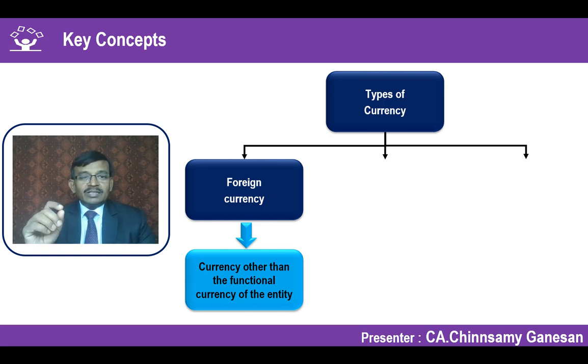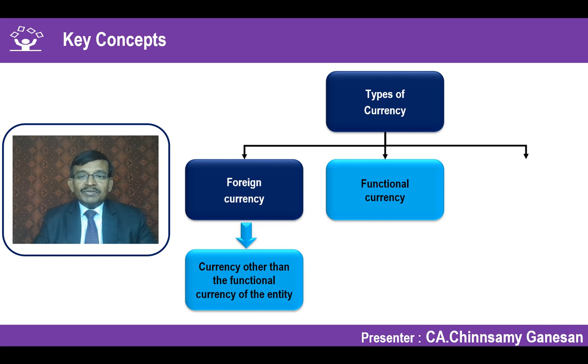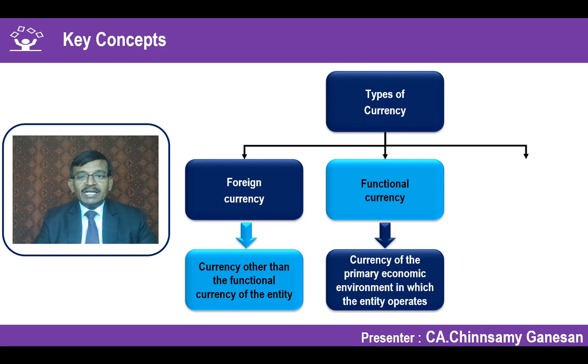We will see in detail what guidance has been given for functional currency. So we should know the second currency, which is the functional currency. Functional currency is nothing but the currency of the primary economic environment in which the entity operates.